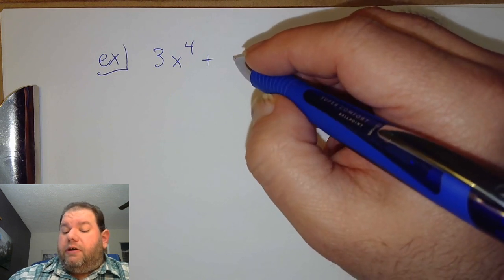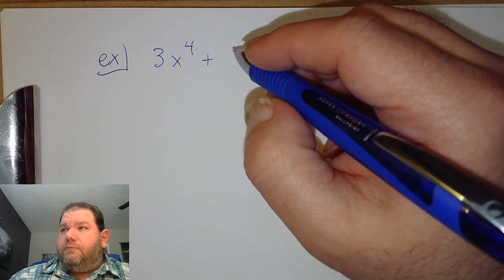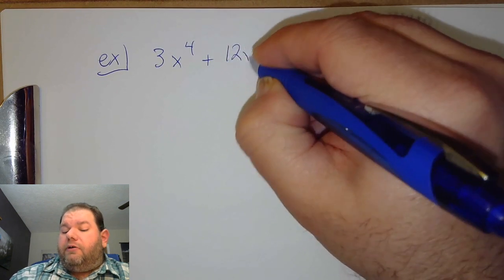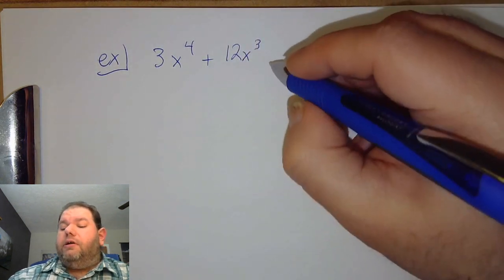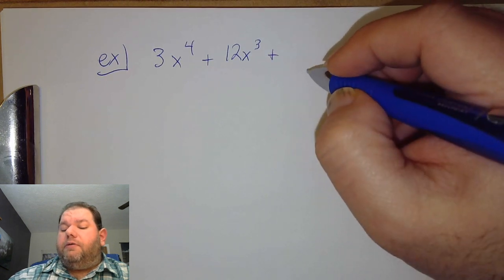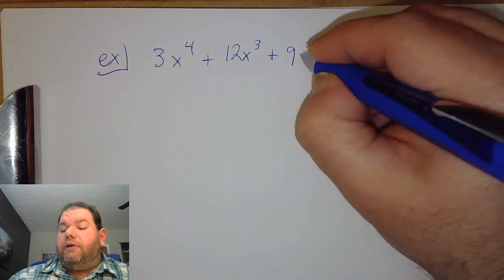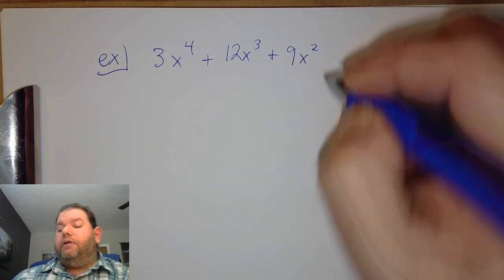Let's see. So this one will have to be bigger. Let's say 12x to the 3rd and 9x squared. That'll work.